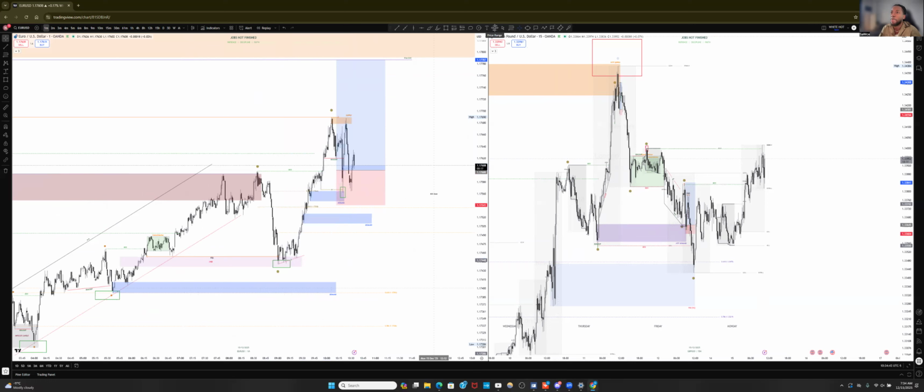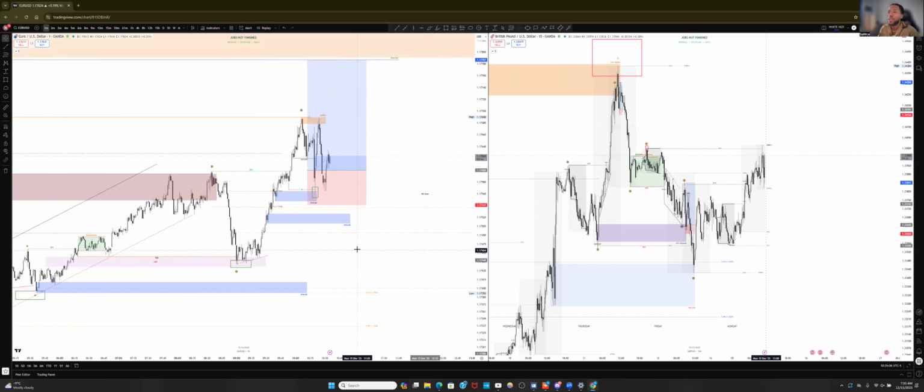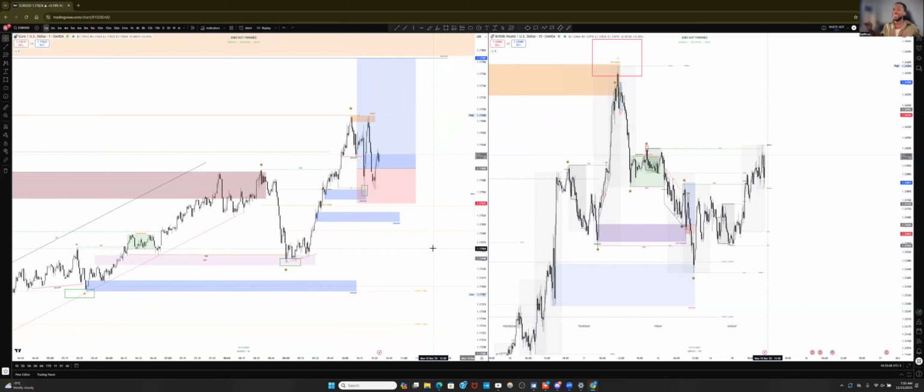And it's a Monday, so Mondays are very manipulative. Then this right here was a little 12, 13 pip move down. So we don't know if price can push up higher or not. But yeah, that was some wicked price action. I don't know what that was about. That was crazy.